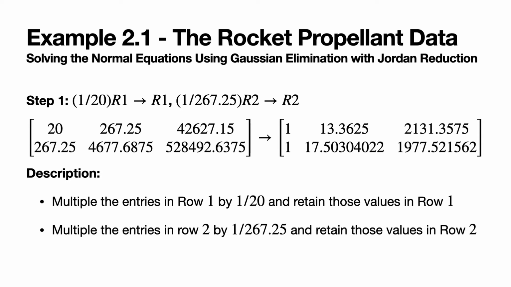Similarly, we're going to multiply the entries in row 2 by 1 over 267.25 and retain those values in row 2. And so we see on the left-hand side the initial augmented matrix, and on the right-hand side, to the right of that arrow, the transformed matrix after we perform those two operations in this first step.